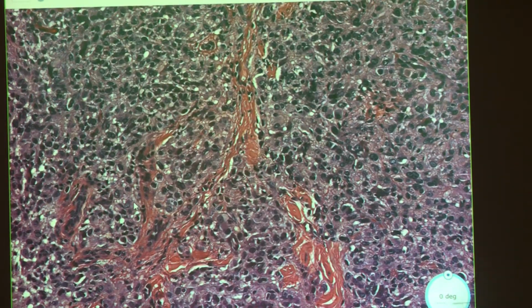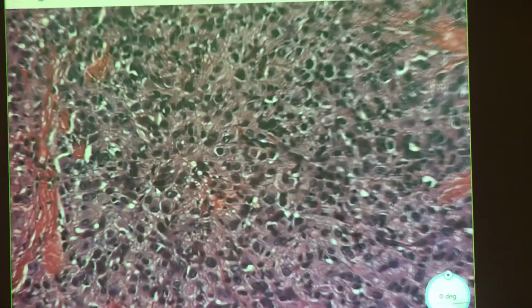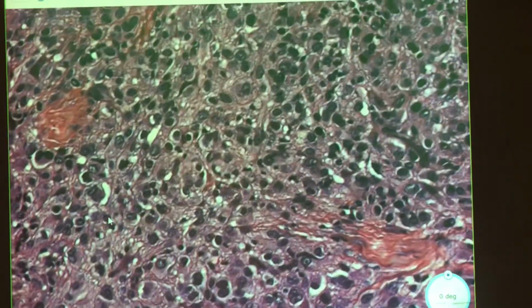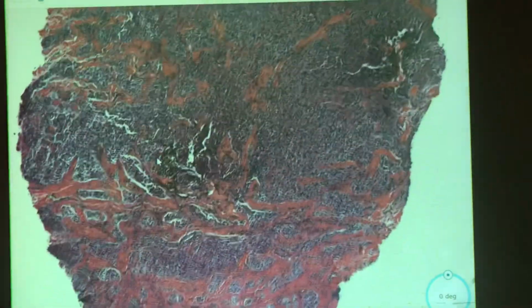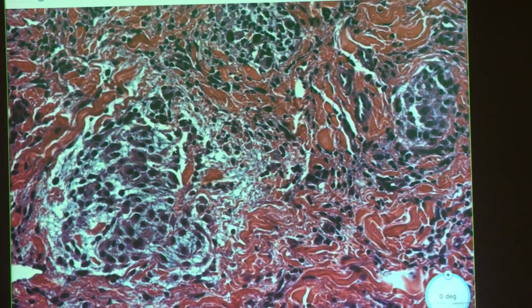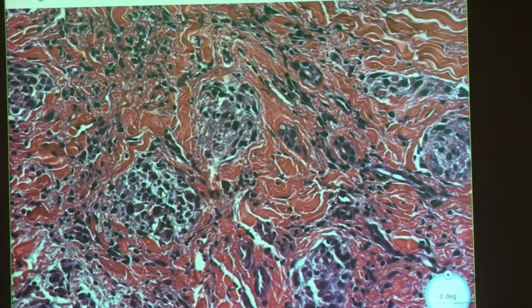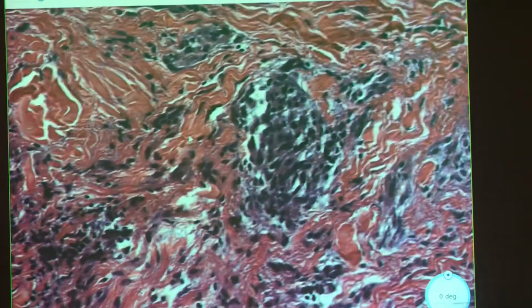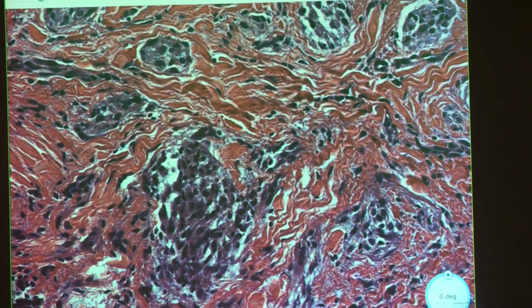Like this part looks maybe a little overstained, but I think it's more histiocytoid because of these large cells with ample cytoplasm. These parts are a little hard to tell.